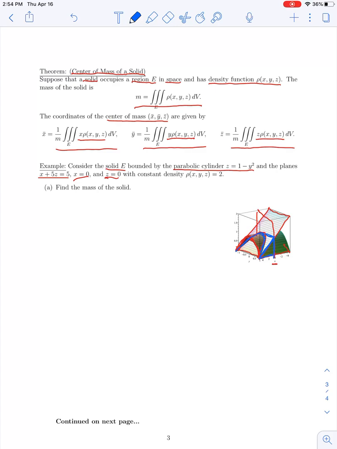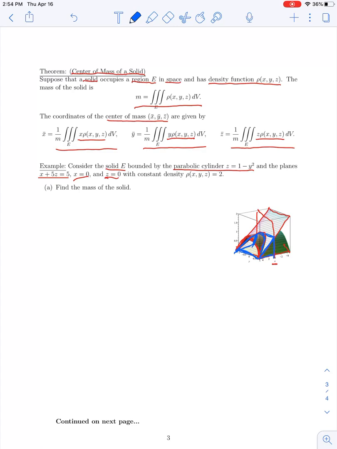So we have this region shown here that is our region of interest, front edge. So a little bit hard to visualize, that's why we've included the graph here.